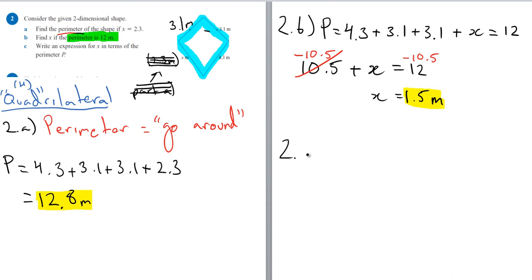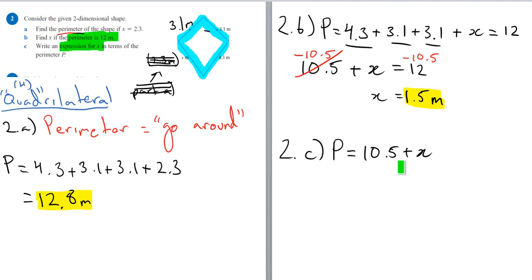And finally, 2c. For 2c, we've actually done most of the work in 2b already. We want to write an expression for x in terms of the perimeter p. Before, we had that p equals 10.5 plus x. Those are just those three things added up, plus x. So that's the expression for perimeter. If we don't know what the perimeter is, here we had it as 12, but that was only for part B. For part C, it's something completely different, or it might be anyway. So we have perimeter equals 10.5 plus x. But we want to find an expression for x.